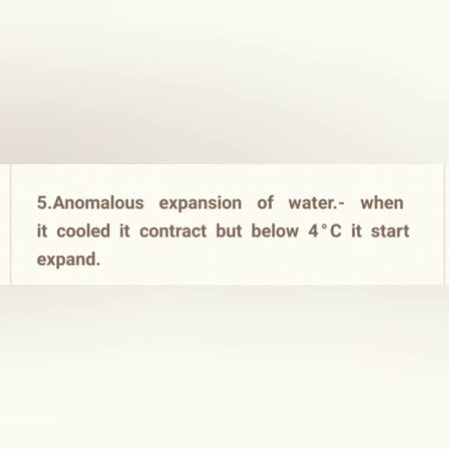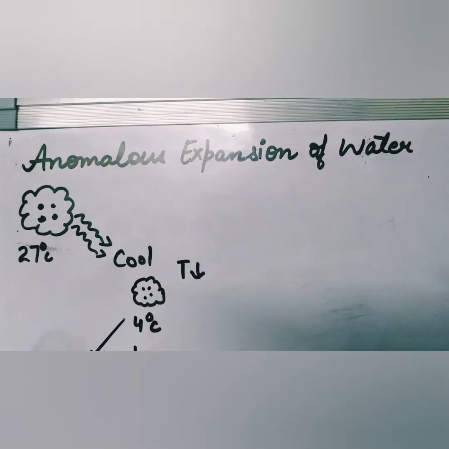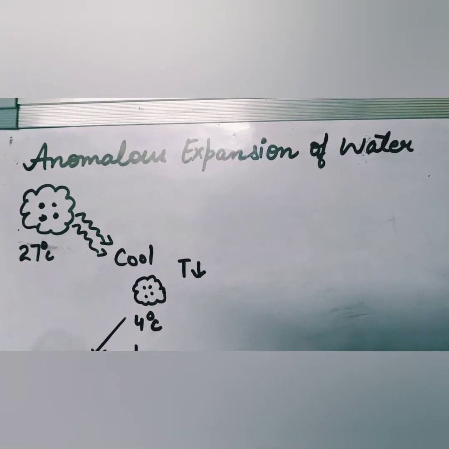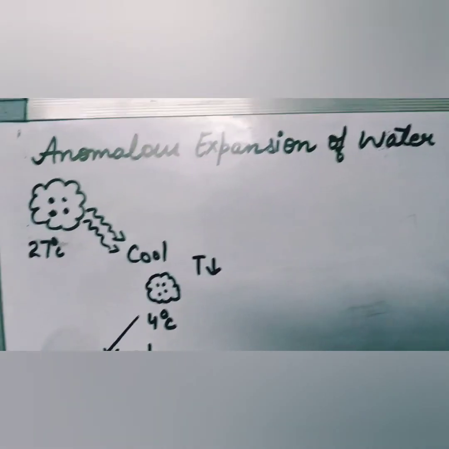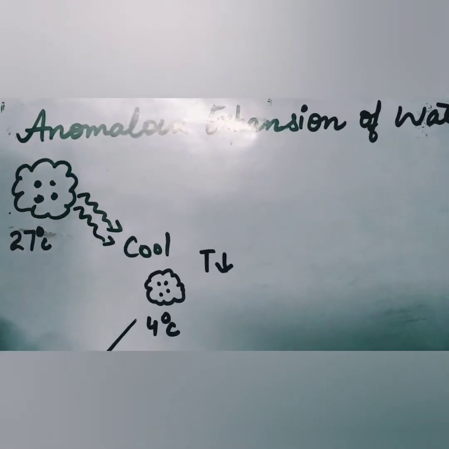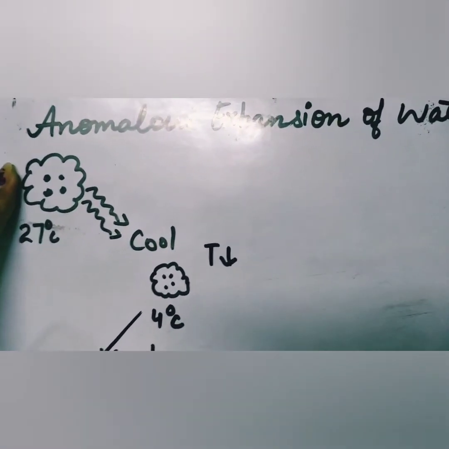When water is cooled, it contracts, but below 4 degrees Celsius, it starts to expand. This can be understood by an example. Anomalous expansion. Anomalous means unusual expansion of water. For example, this is the water molecule at room temperature.